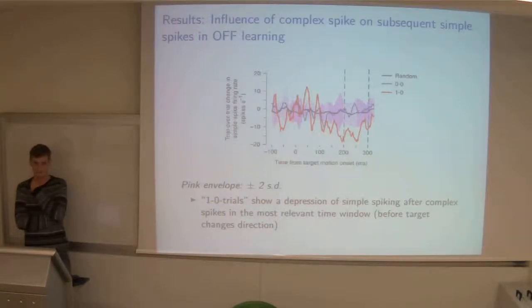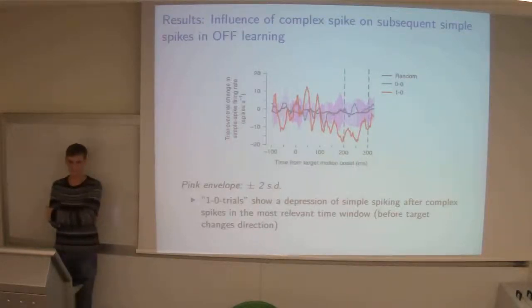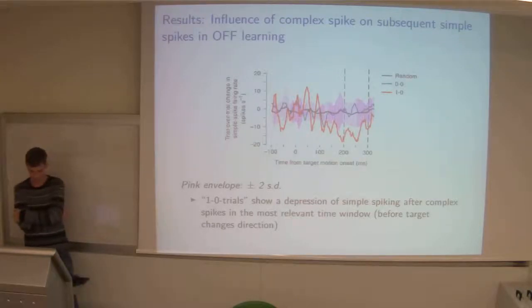If you did a slice experiment, I think no one would trust that, you give one timing fiber and you see plasticity. So this is interesting because it's in vivo, during learning, and they're looking at the effect of one complex spike, though it's obviously averaged over many pairs.